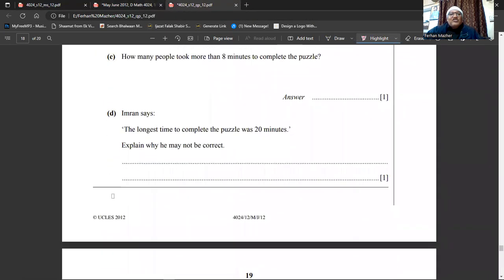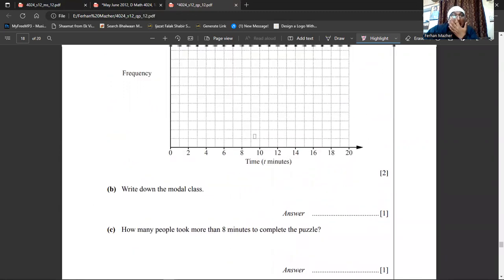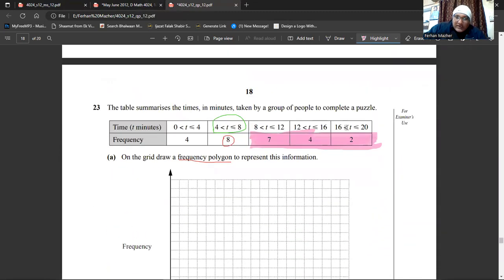Then the question is, Imran says the longest time to complete the puzzle was 20 minutes. Explain why he may not be correct. Okay, so the longest time is from 16 to 20 minutes, and there are two people in this category. These two people might take 20 minutes, but they might also have taken 17, 18, or 19 minutes.